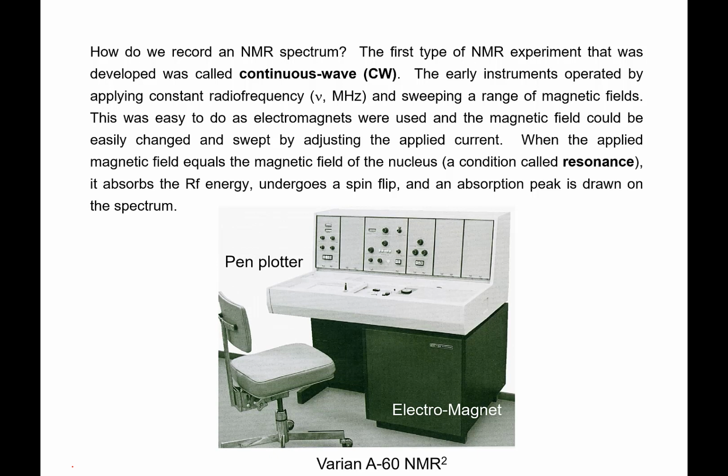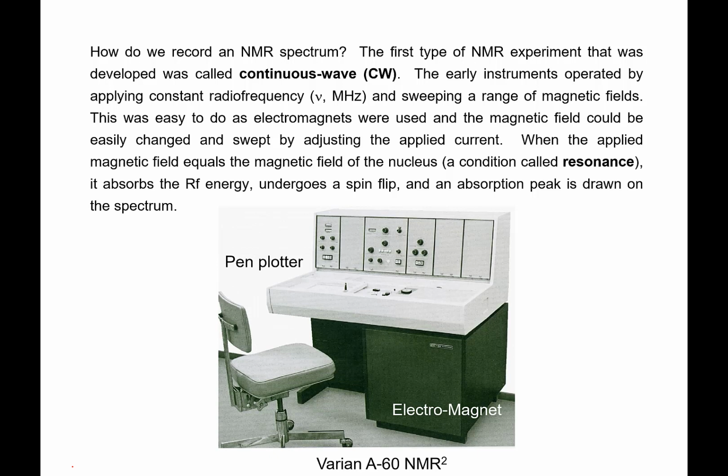If you apply less current, it spins slower. And you would get the right magnetic field with the right frequency, and it would absorb the radio frequency. The instrument next door has a fixed magnetic field and changes the radio frequency. We're going to talk about instruments where the radio frequency is fixed and we change the magnetic field next week.